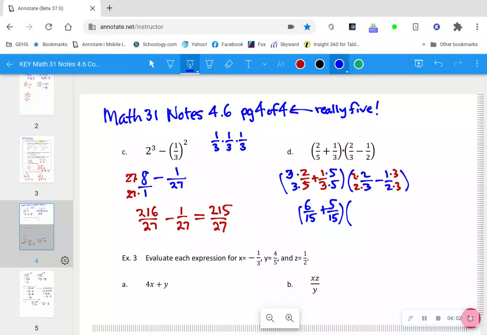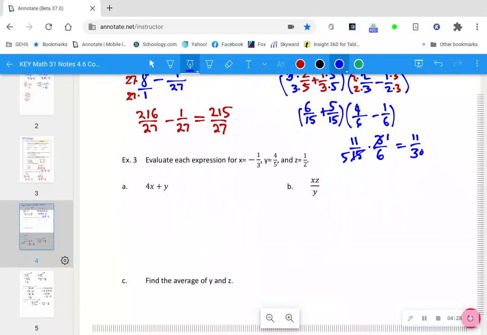So 4/6 minus 1/6 will be 3/6. So now we're down to 11 over 15 times 3 over 6, and I can cancel here now that it's multiplication. So I get 11 over 30. 11/30 is my final answer.